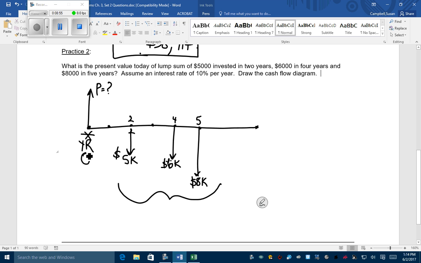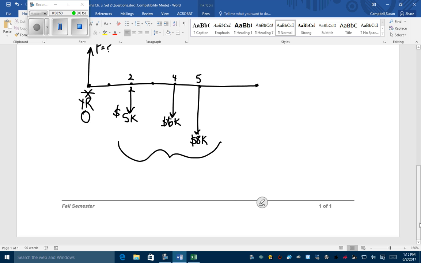So I'll do that by looking at the present value in year 0, and I know my formula for finding a present value when I have a future value is this.